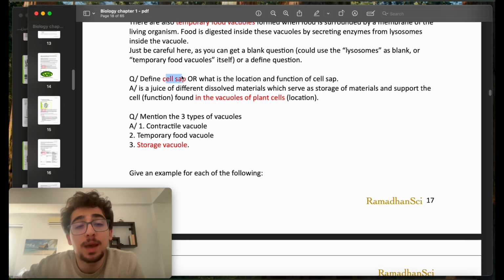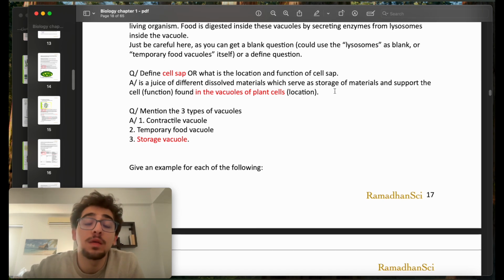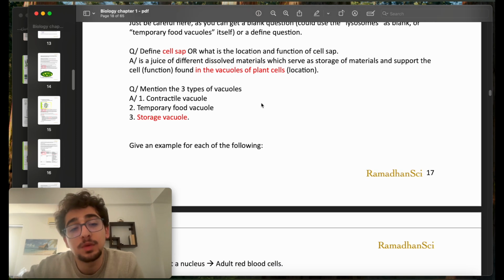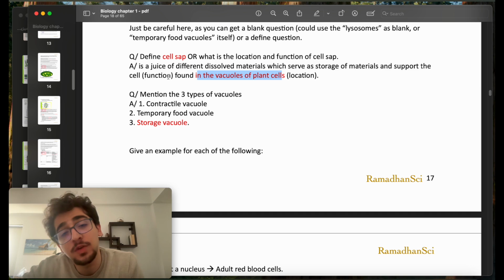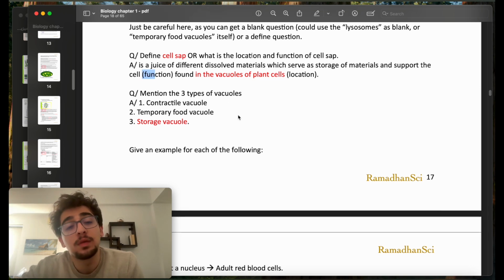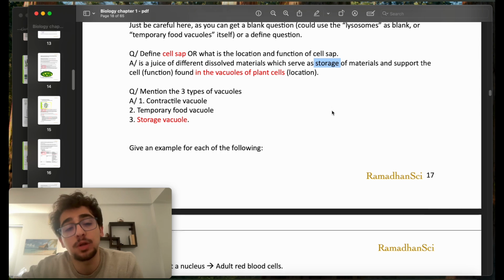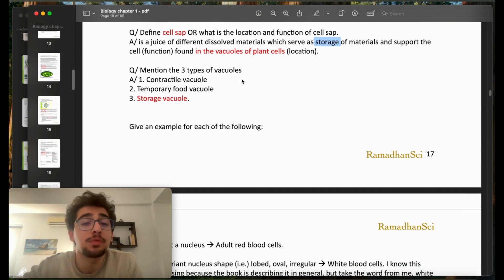Also, you want to know that cell sap, which is just a juice of different dissolved materials that serve as storage of materials and support the cell, is found in the vacuoles of plant cells. So if they ask you about the location of the cell sap, it is in the vacuoles of plant cells. If they ask you about the function of the cell sap, you're just going to say that it is made up of different dissolved materials which serve as a storage and support to the cell. And the three types of vacuoles are basically contractile vacuoles, temporary food vacuoles, and storage vacuoles.